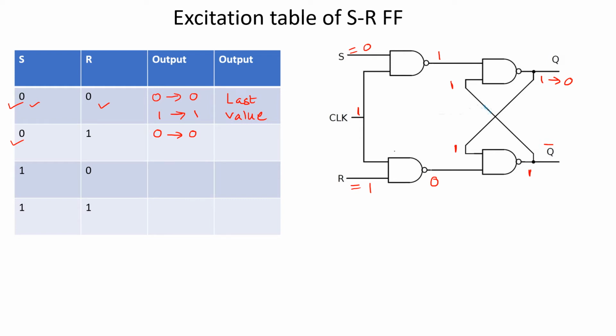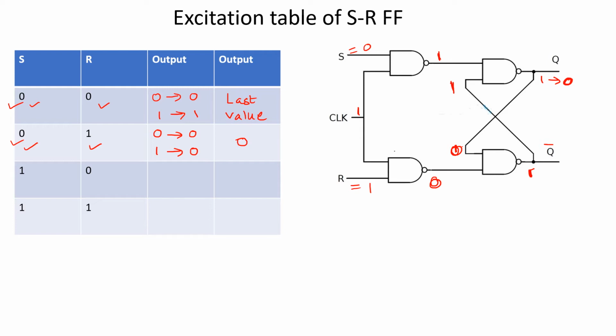Now that 0 comes here, 0 0 becomes 1, 1 1 becomes 0. Again 0 0 becomes 1 and 1 1 becomes 0. That means I assumed 1 but it became 0 as stable. So when I give this condition, my output is 0 as a stable value.